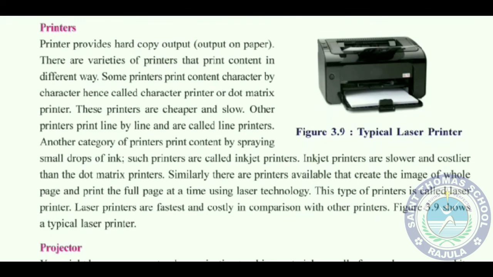So remember which printer is the fastest printer, that is the laser printer, and it is also the costliest in comparison with our other printers. Here you can see figure 3.9. This is the figure of a laser printer. So we have discussed four types of printer, students: the character printer, line printer, inkjet printer and laser printer. I hope you understood all the categories.